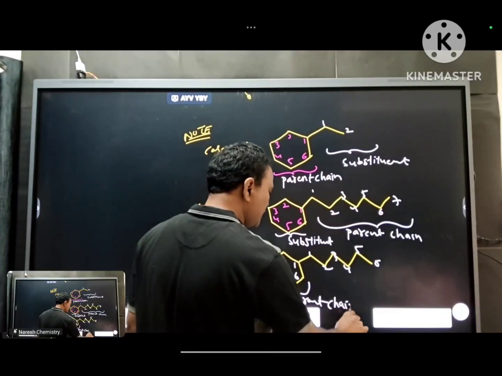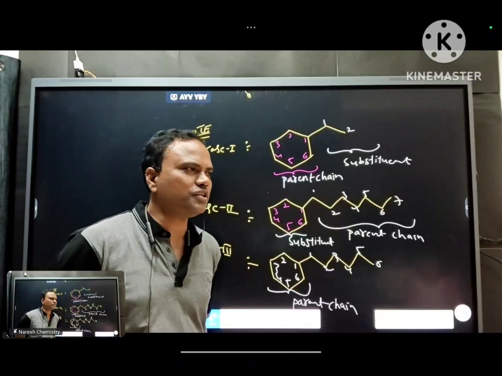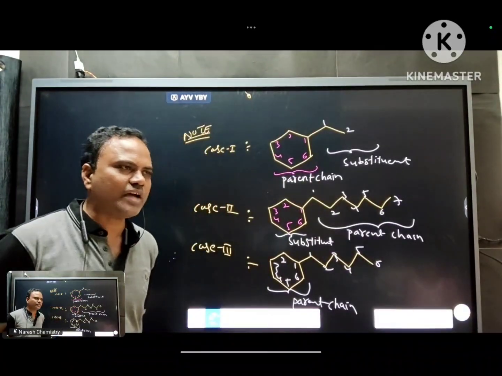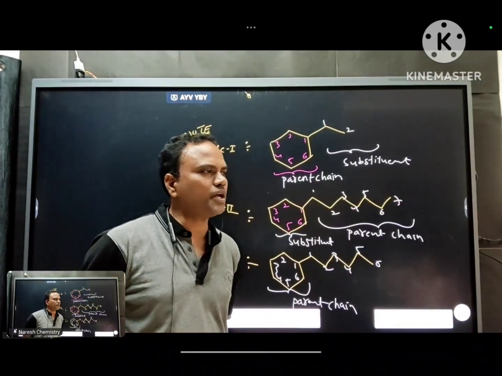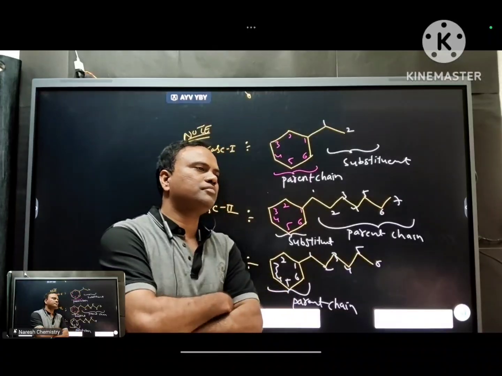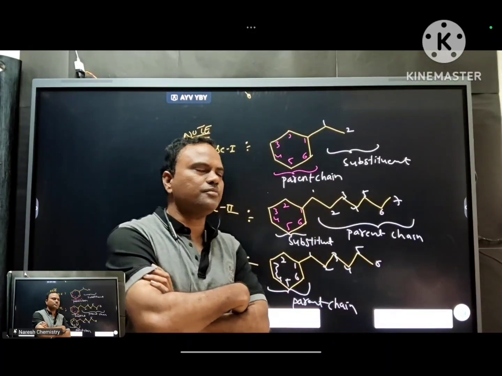What is the conclusion of case 1, case 2, case 3? Compare side chain and ring carbons. Whichever has more carbons gets priority, meaning it is considered the parent chain. If both have the same, consider the ring. The ring is the parent chain.